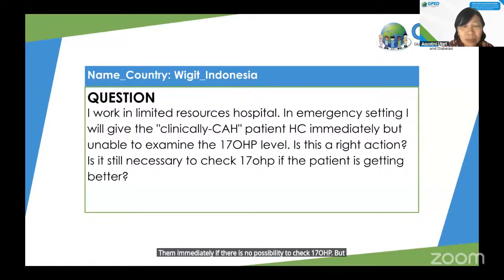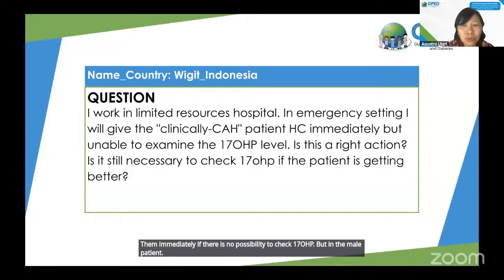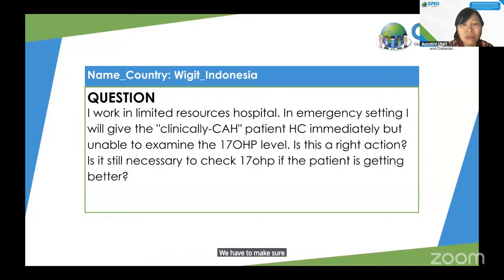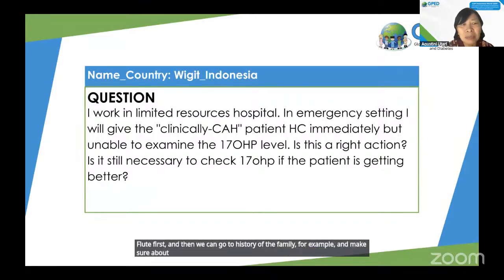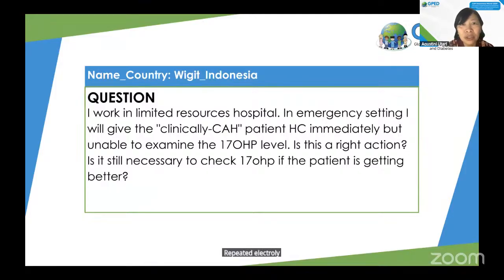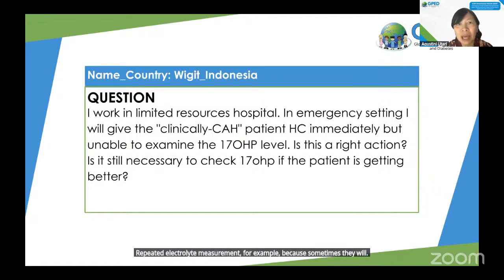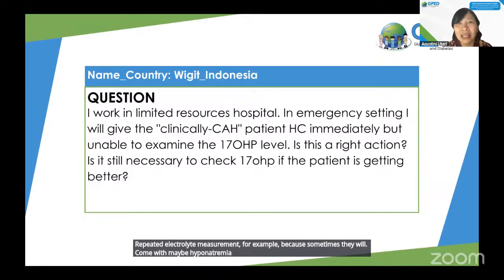But in the male patient, we have to make sure; maybe we need to give them fluid first, and then we can go to the history of the family, for example, and make sure about the repeated electrolyte measurement, because sometimes they will come with maybe hyponatremia without hyperkalemia, or when they have vomiting.